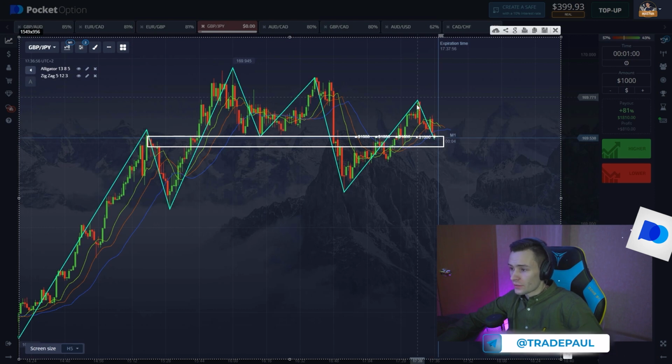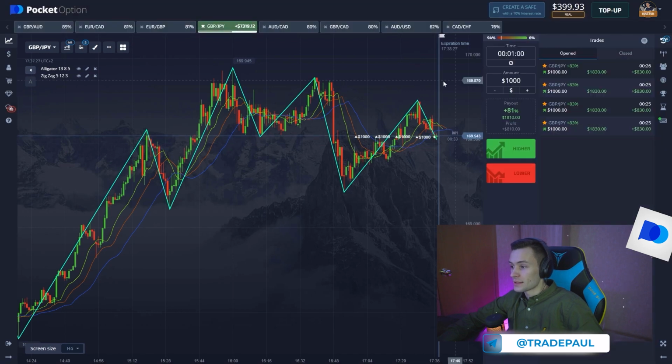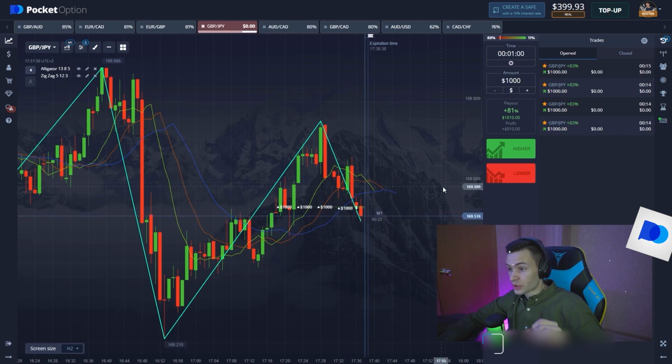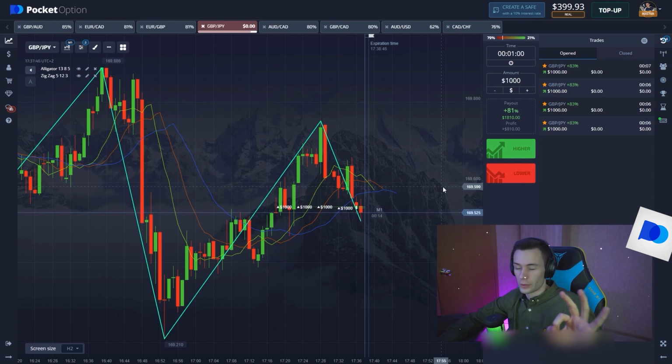And basically after upward dynamics we see this good correction that is typical for this type of moment, and after this the price should go to the upside, as simple as that. We caught this correction, and so the key principles of trading by using this strategy are opening a position after pullbacks or corrections, and the breakout is going to happen in the end, and the position should be closed with the profit.